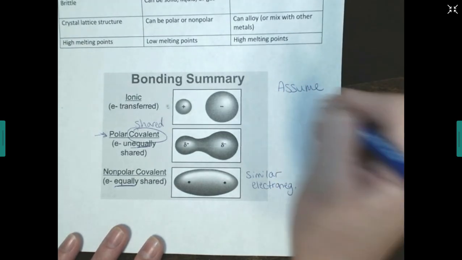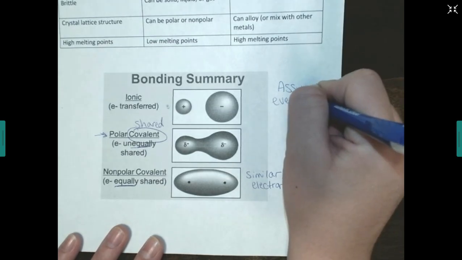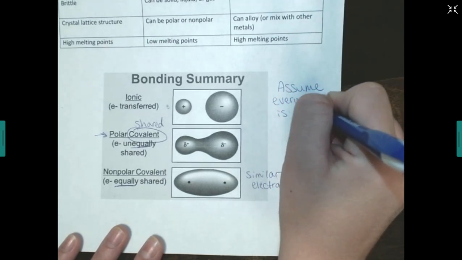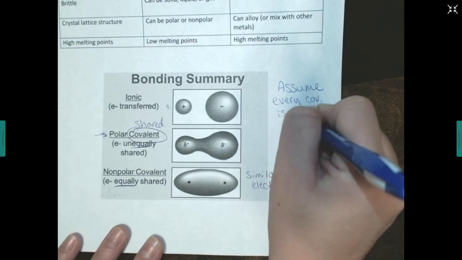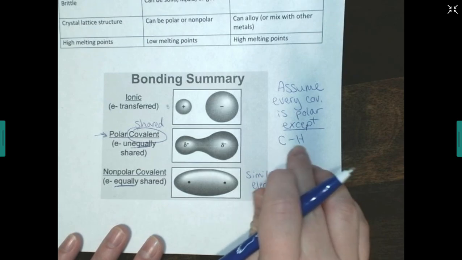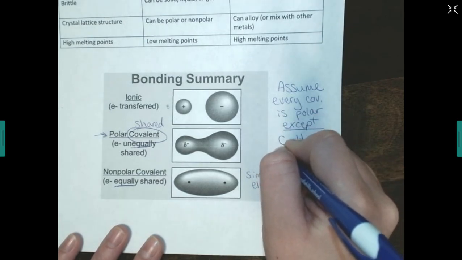you're going to assume that every covalent bond is polar, except carbon bonded to hydrogen, because their electronegativities are really similar, so that would be a nonpolar bond, and anything bonded to itself.